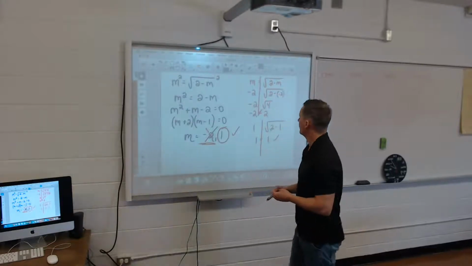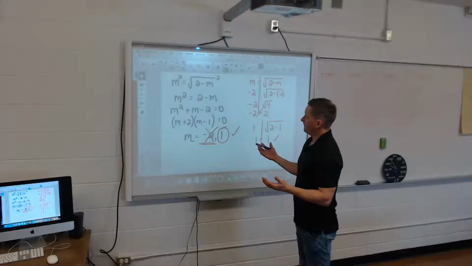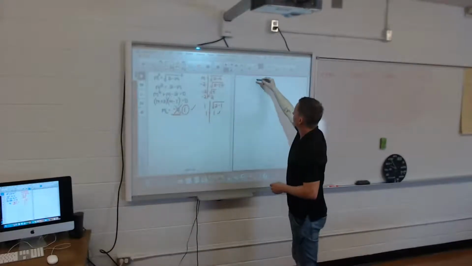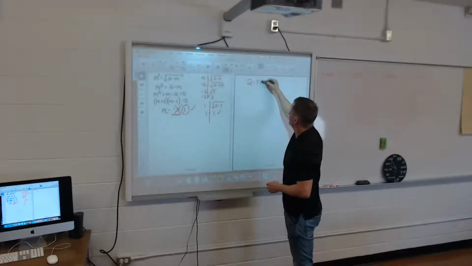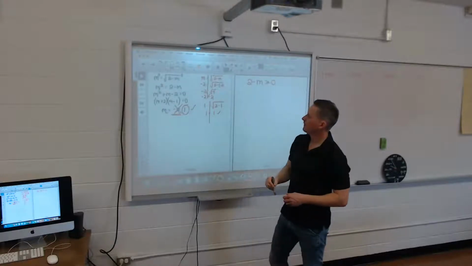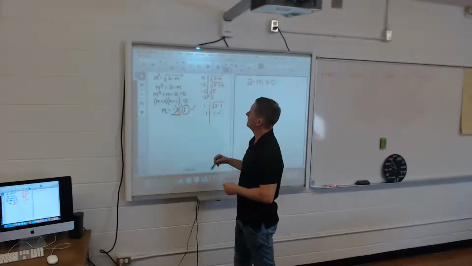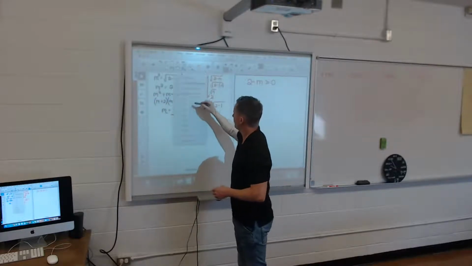Okay, so restriction. Let me change this out for a second. The restriction is simply this. 2 minus m has to be greater than or equal to 0. This value in my rooted area, okay? It's not easy to see. Let me make it bigger.